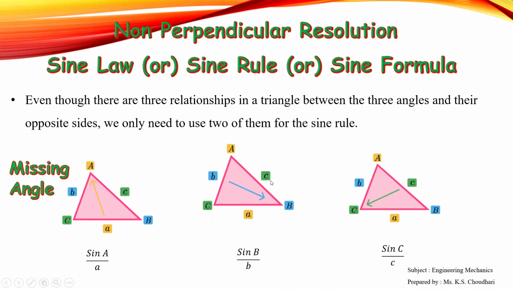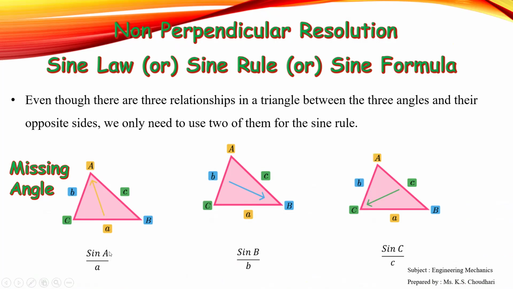Small a, b, c are the sides of it. Capital A, B, C are the angles of it. And we use sine every day. Now, how the formula becomes, for the missing angle.